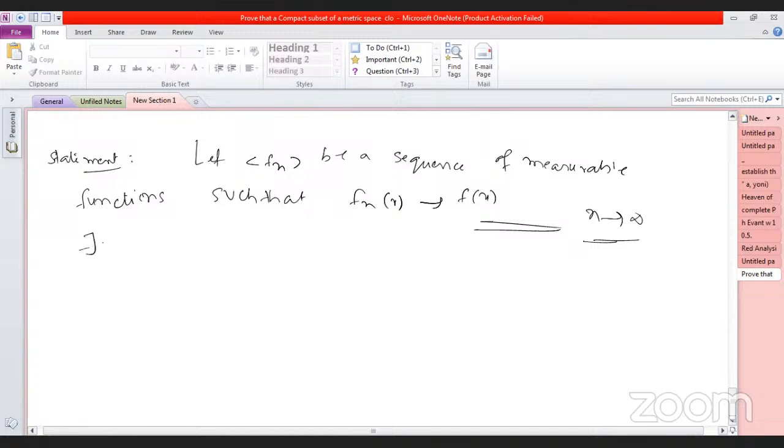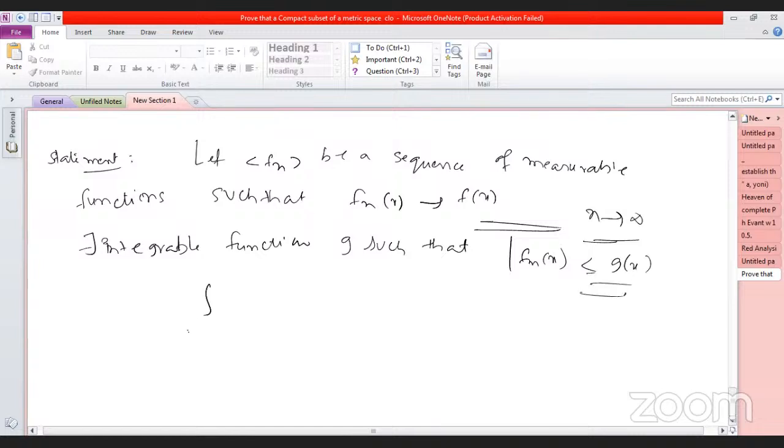So there exists an integrable function g such that modulus of f_n(x) is less than g(x).